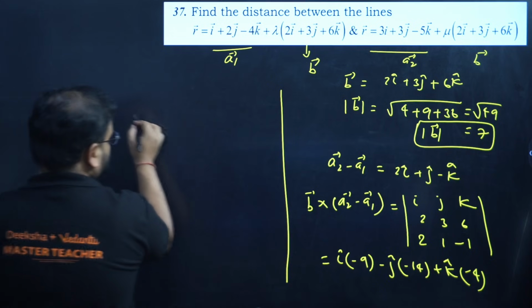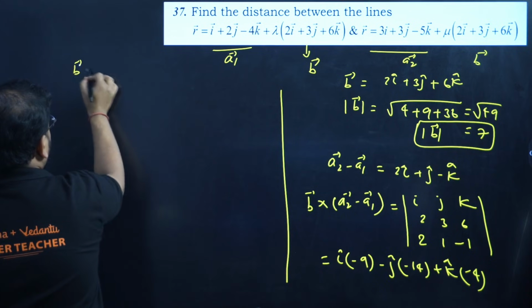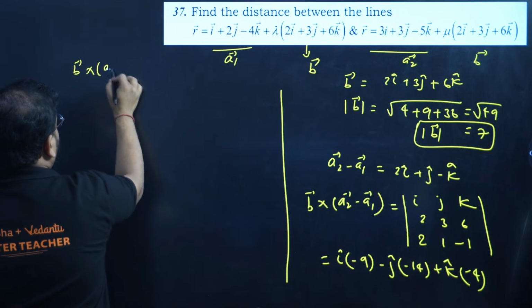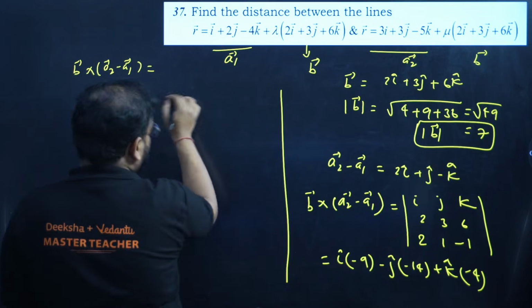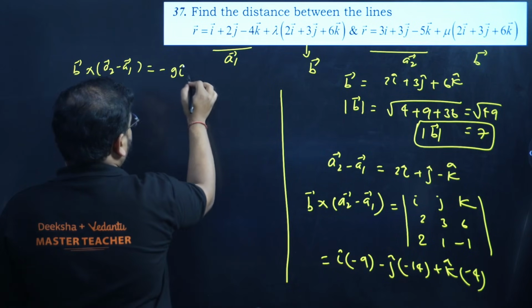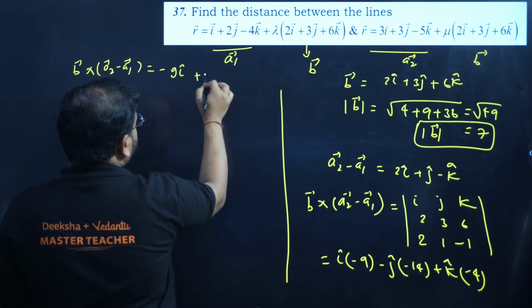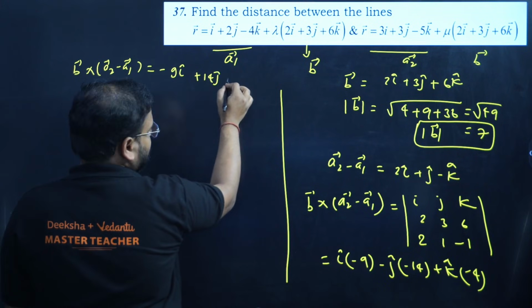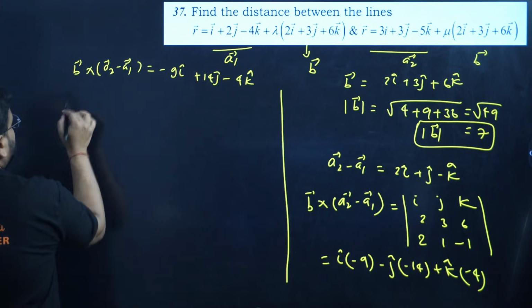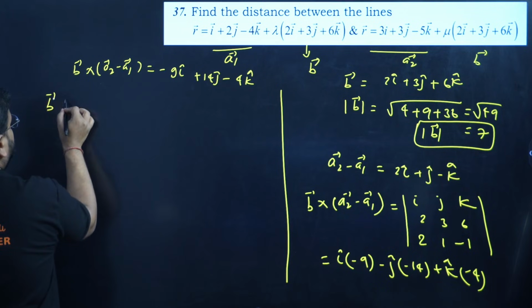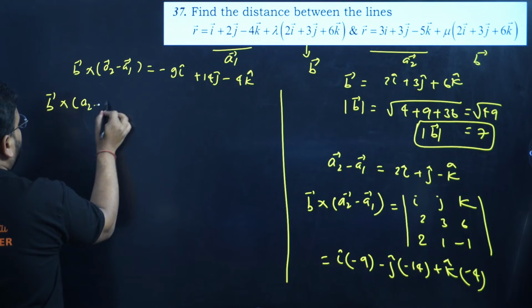Okay, now you'll see. I'm getting vector b cross a2 minus a1 as minus 9 i cap plus 14 j cap and minus 4 k cap. So let's find the modulus of this first, b cross a2 minus a1.